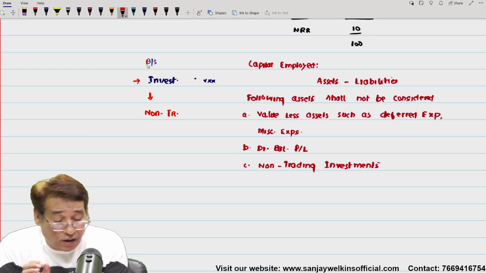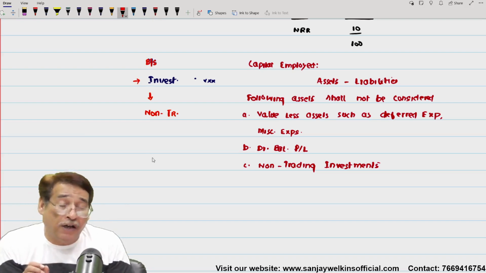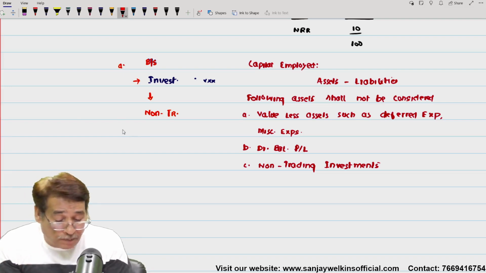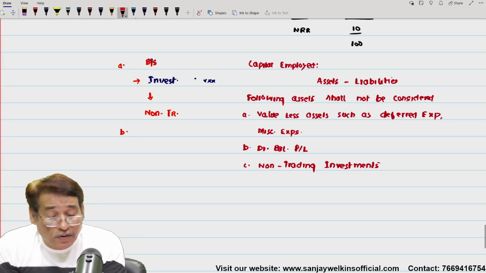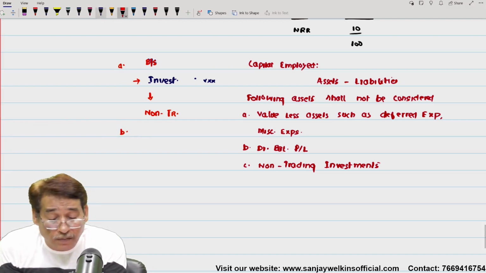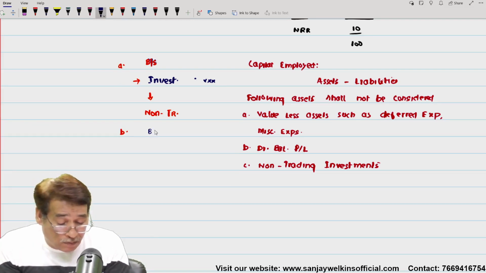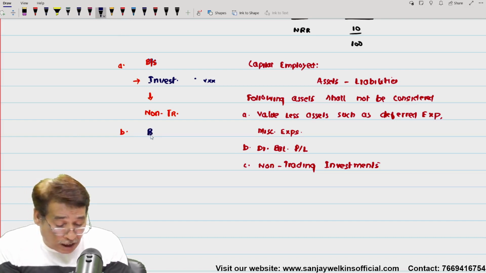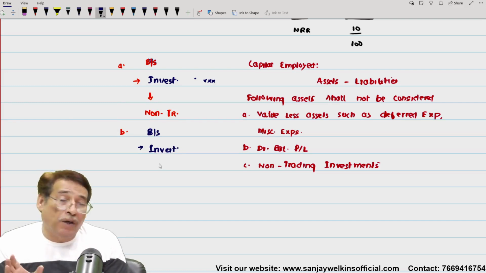Number two, you need to understand when investment could be trading. Suppose in the balance sheet, now this is another situation, the word investment is written.